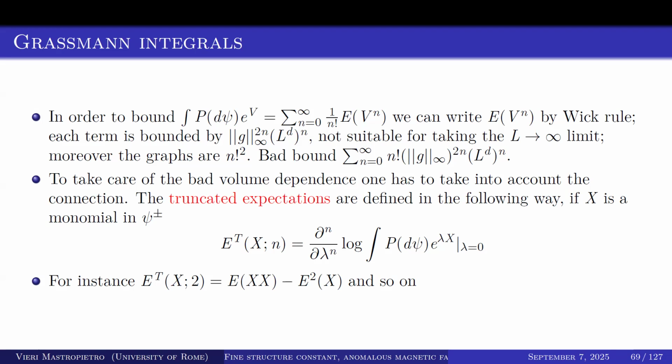So this is the definition of truncated expectation, which is the same definition as for probability. They are called in different communities cumulants, truncated expectations, several names, variance, covariance, maybe the moments in probability. Okay. So for instance, if you consider 2, you have x minus x squared. For 3, you have all the possible disconnections.